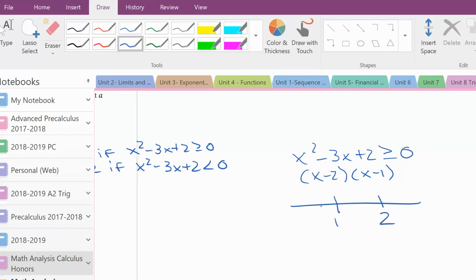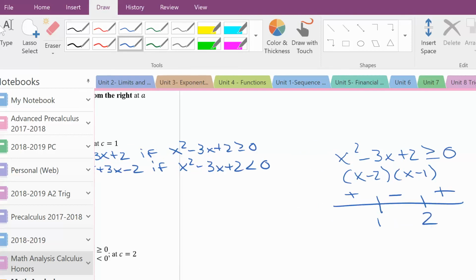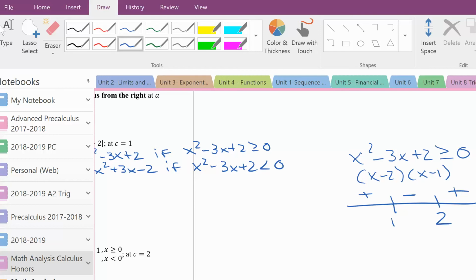And then remember, you can test. So if you put in 0, that means negative and negative is a positive. If you put in 1.5, you get negative and positive, which is negative, and 3 would be positive. So that means it's greater than or equal to 0 if x is less than 1 or greater than 2.